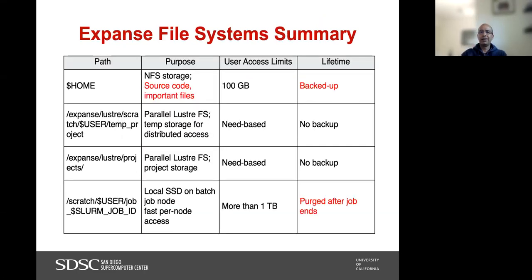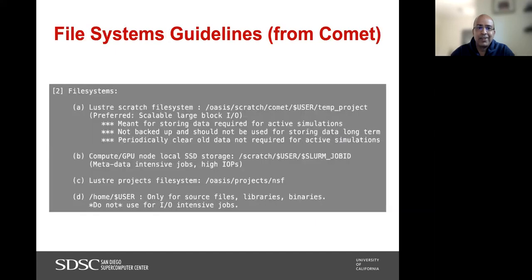Okay, here is the very quick version of whatever I covered till now. It illustrates various attributes of different storage. This is a nice guide that used to pop up whenever we logged on to Comet. Right now, it is not there for Expanse, but I thought I'll just put it up so that you can see the kind of thing that you should use the Lustre file system or your NFS file system for.